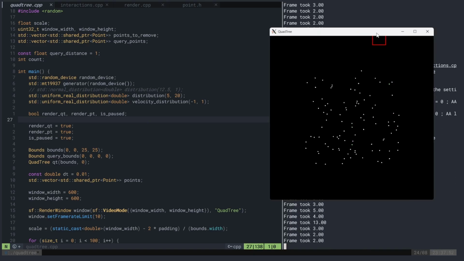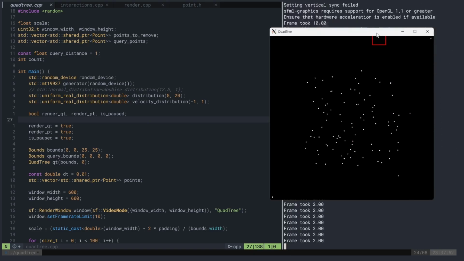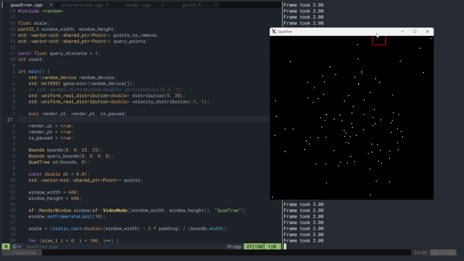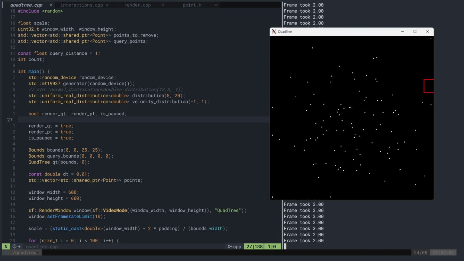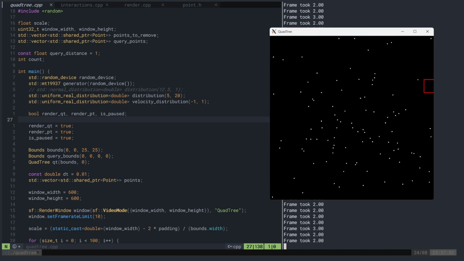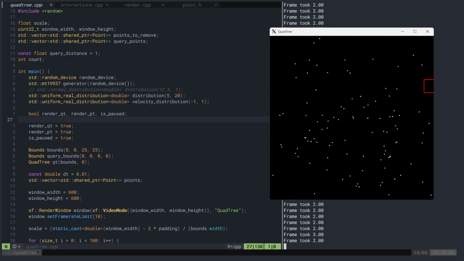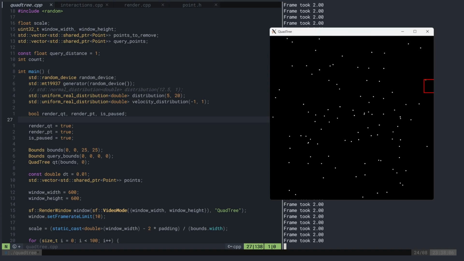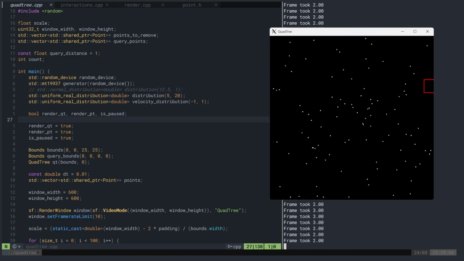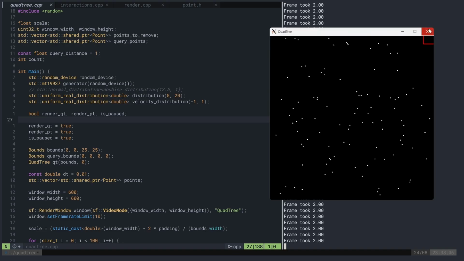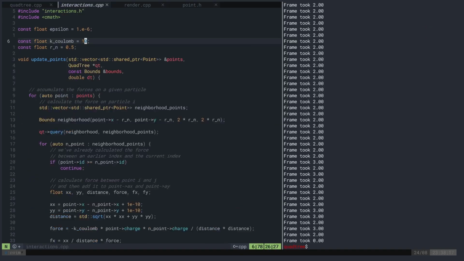Okay, so I have these particles. And you can see that they're slowly moving apart from each other. I think maybe the force calculation might be incorrect, because I don't see these two particles really pushing apart from each other, or the neighborhood calculation is incorrect here.